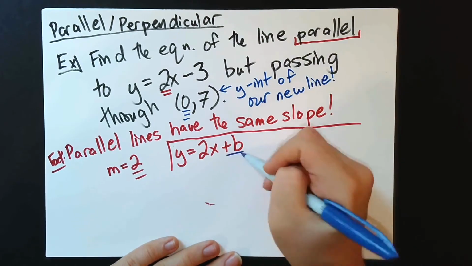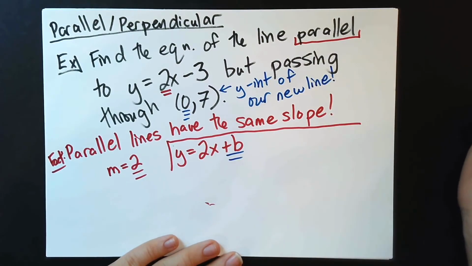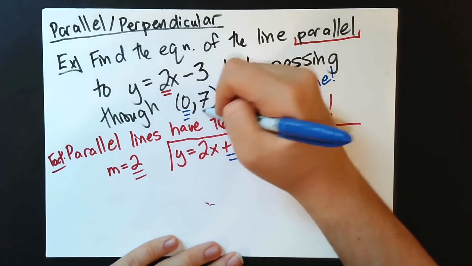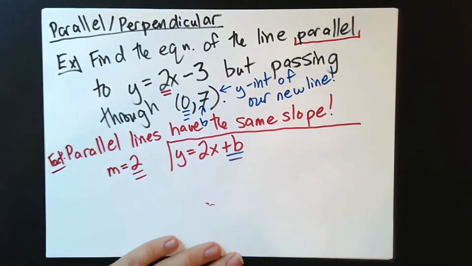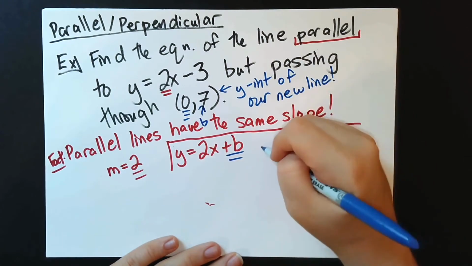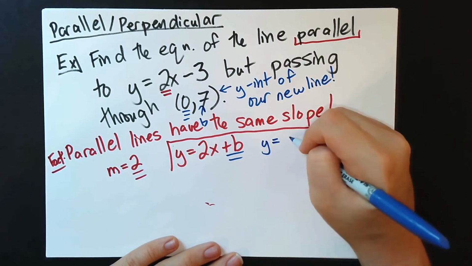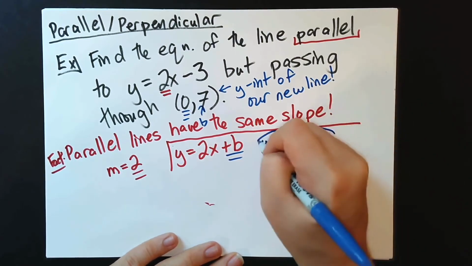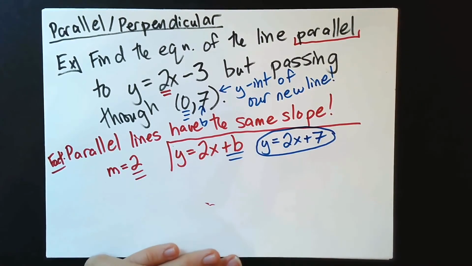And so this b in y equals mx plus b, I can just read it directly off of this point. This 7, that's b. And so the equation of our line is, in fact, y equals 2x plus 7. And that is our answer.